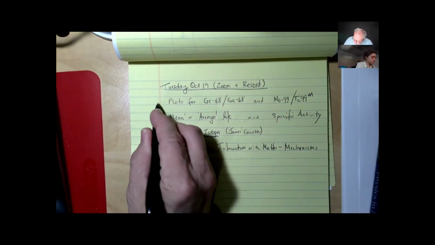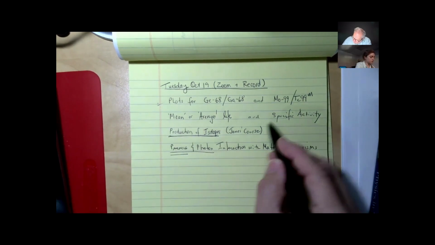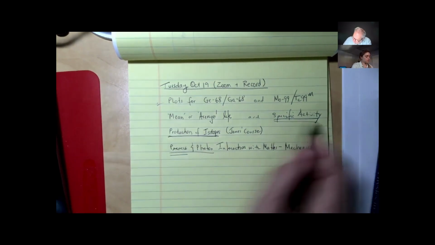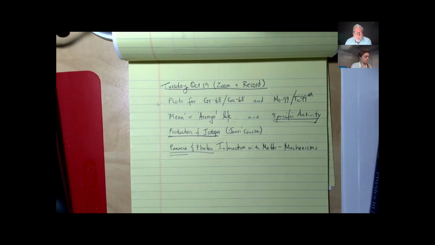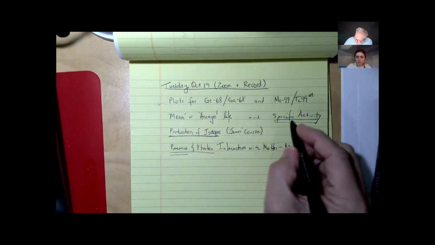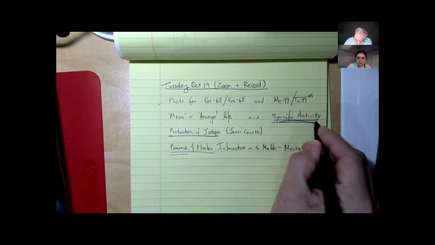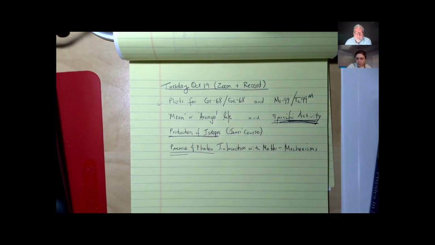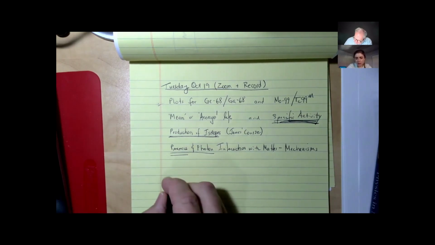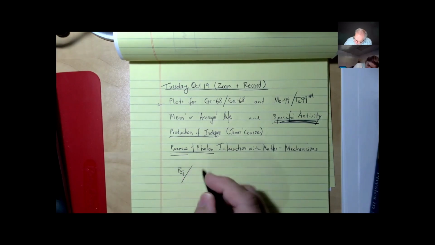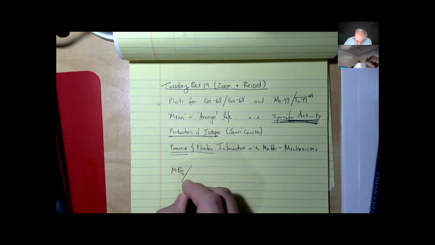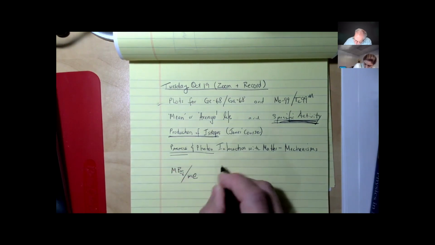All right. So in your readings, do you recall this term, specific activity? I don't know if I could define it for you, George, actually. Okay. So really, activity is most often megabecquerel per ml.